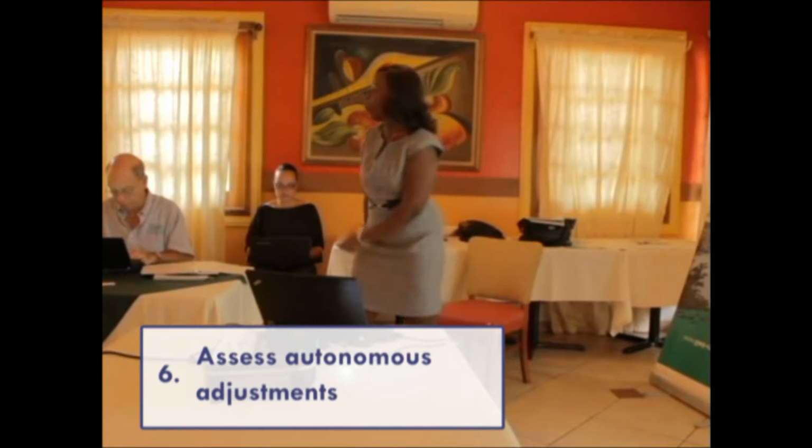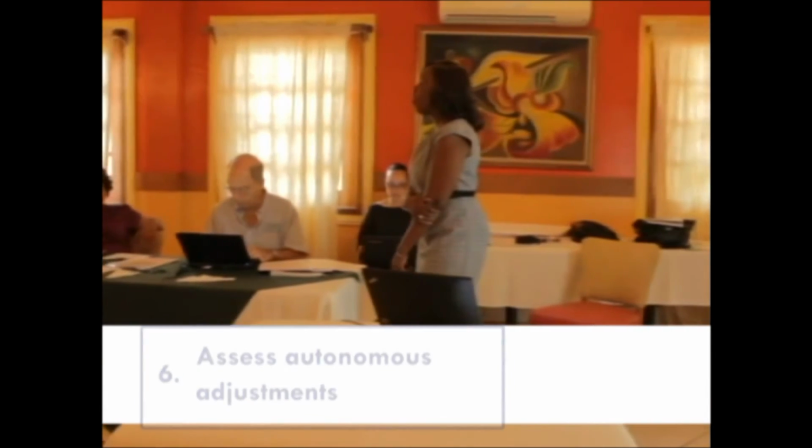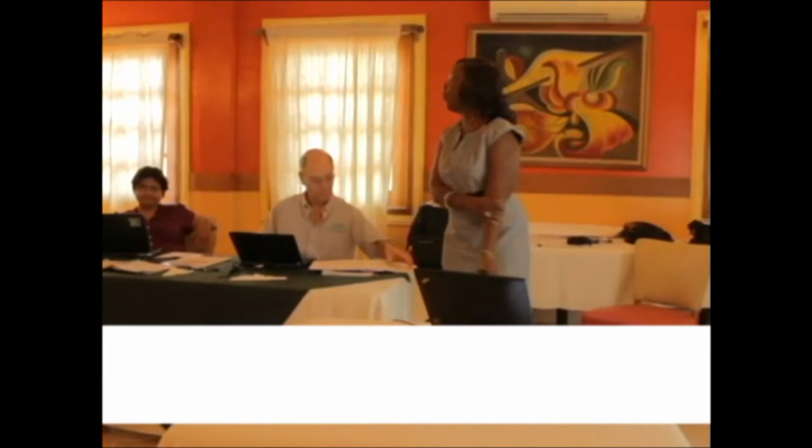When you see the word autonomous adjustment, what comes to your mind? What is autonomy? Yes, it's automatic, so it seems as if it's not planned out well. What else comes to mind? It also says as if it's done in a sort of silo fashion.